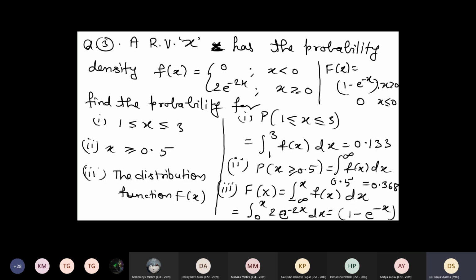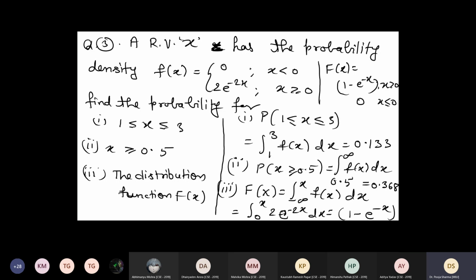We can integrate it because the upper limit is in terms of the variable, therefore we find the value of the distribution function. The result of this numerical problem will be in terms of the function itself, 1 minus exponential power minus x. Now look at the right hand side of the corner, how we give the result.